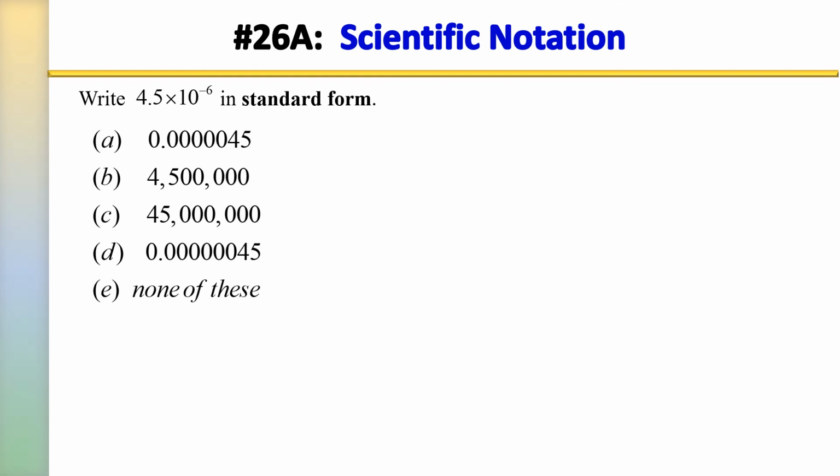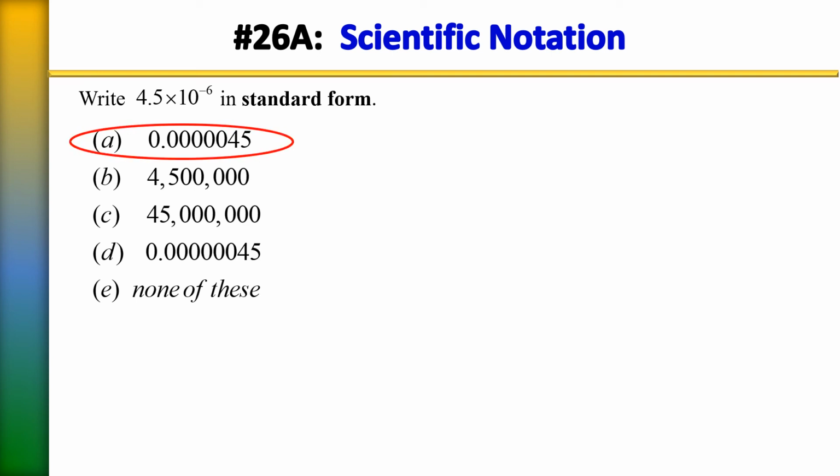Number 26A. Write 4.5 times 10 to the negative 6 in standard form. So what is the correct answer? Choice A. So here we're asked to write that scientific number in standard form. So to write it in standard form, we're going to look at the 10 base of negative 6.